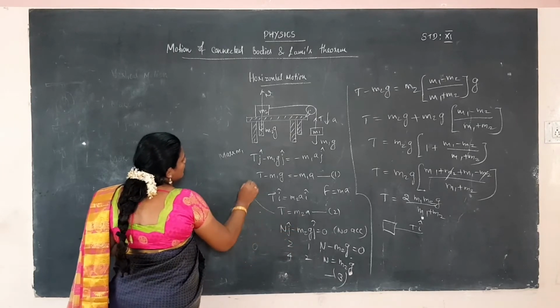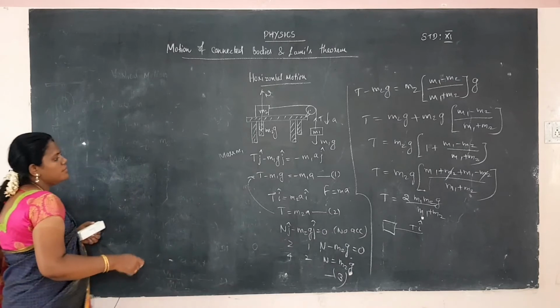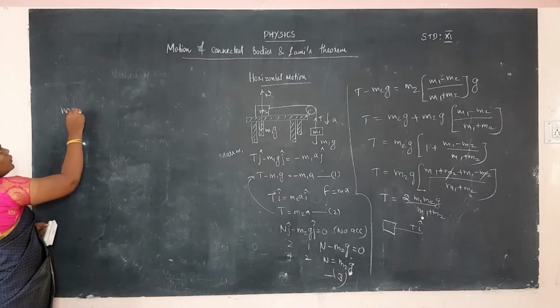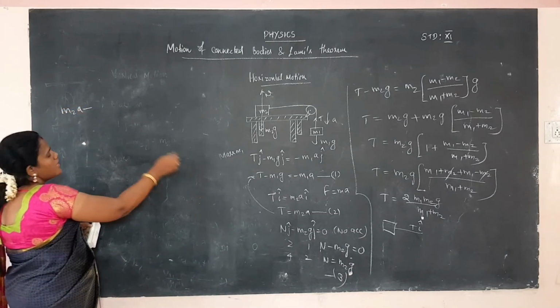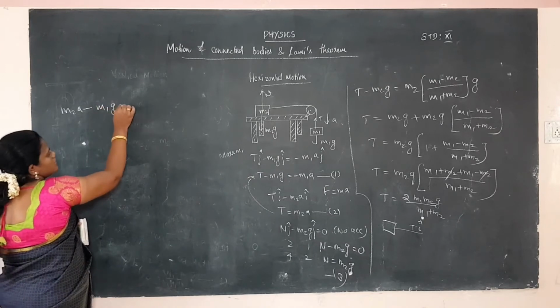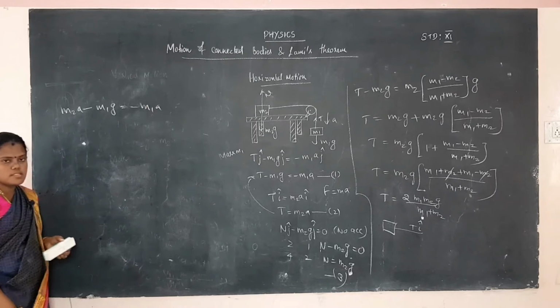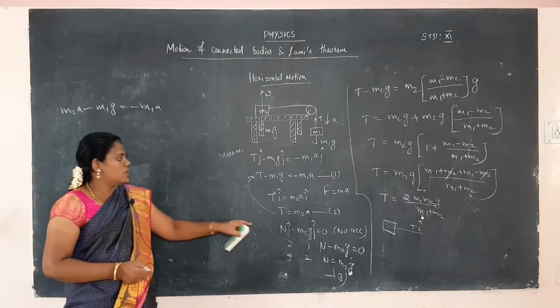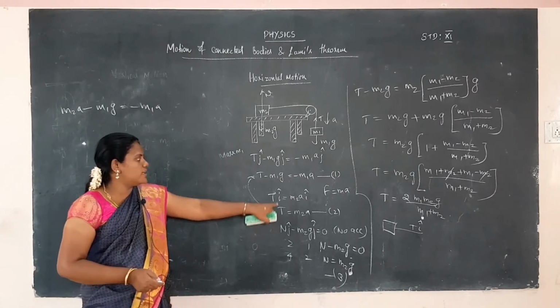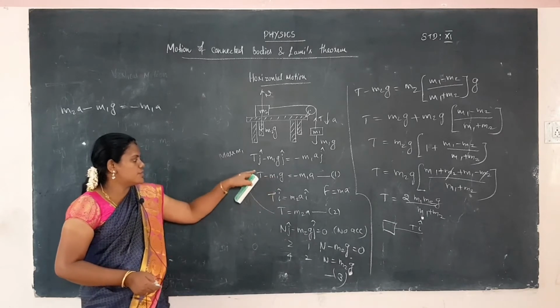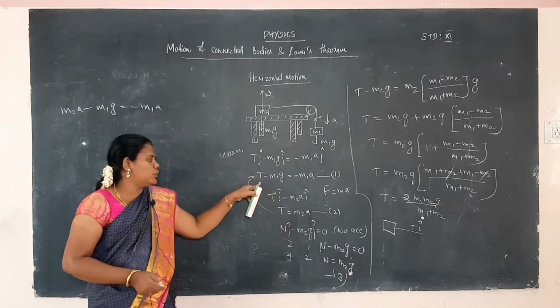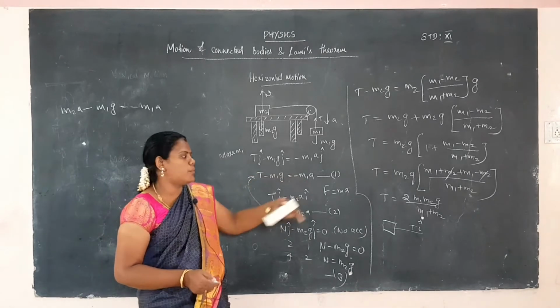We substitute T is equal to m2a in equation 1. So m2a minus m1g is equal to minus m1a. This is equation 1 with the substitution.